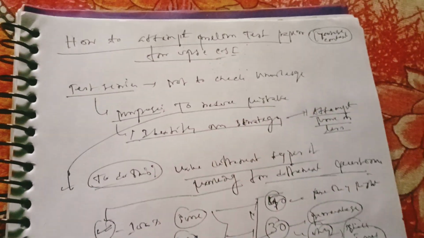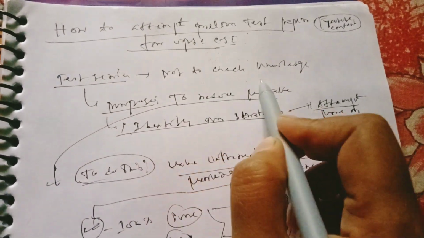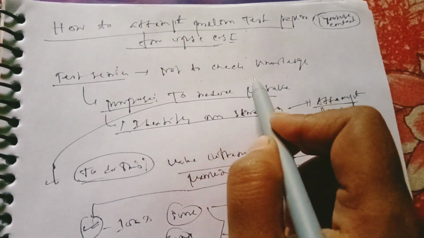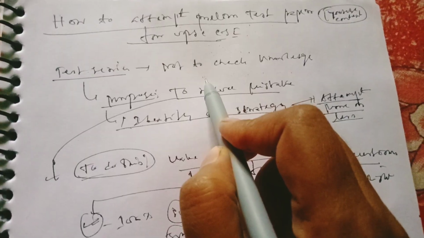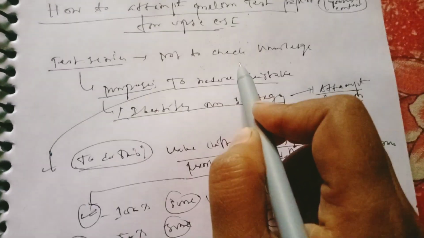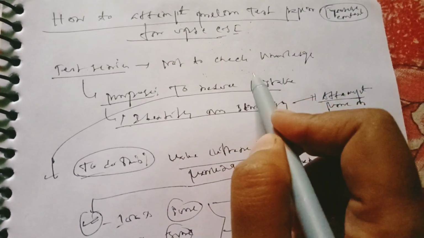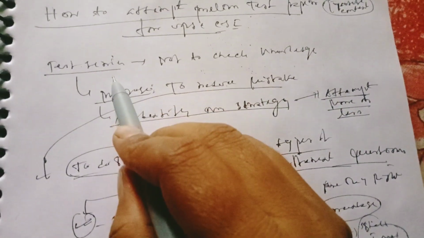The purpose of test series is not just to check the knowledge, because we will find so many questions there which we are not able to answer, because they compiled questions from many sources. So what is the purpose of test series?